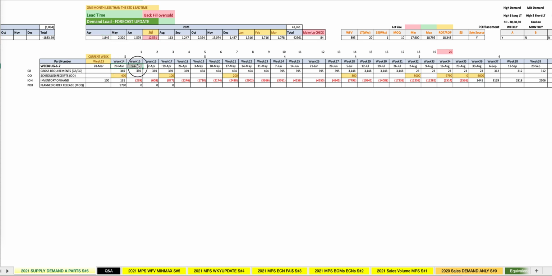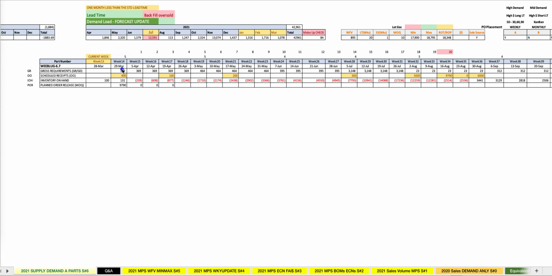But now we are going to divide them into weekly buckets, and this is very significant because the A parts, as we defined, the POs are, as a rule of thumb, placed on a weekly basis. So you need to plan, or break down, your demand of the month in weekly buckets.